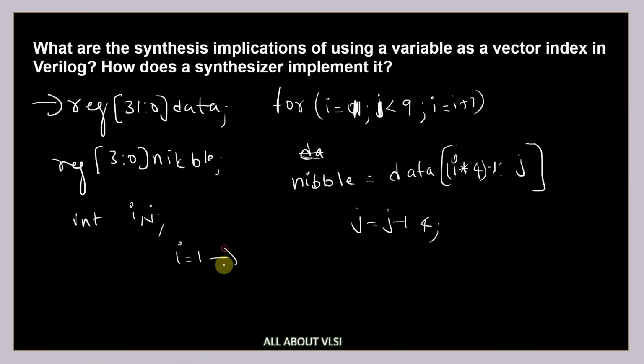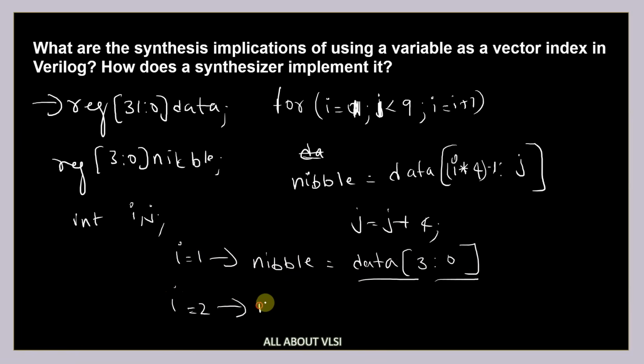So if your i is equal to 1, then nibble value will be equal to data of 4 minus 1, that is 3 down to j, whose value is initially 0. So j plus 4 later, that is nothing but data of 3 down to 0. Now the j value will be incrementing to 4.